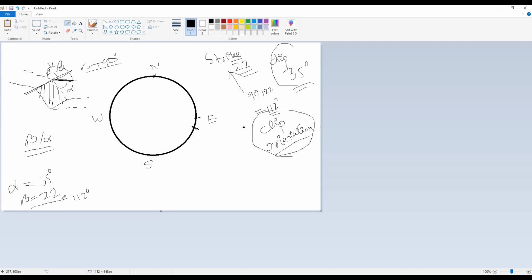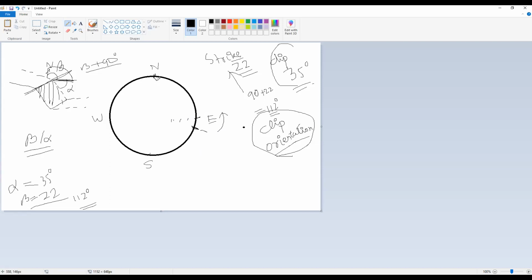Now, if this is the case, we will plot a plane in the stereonet like this. We will mark 112 on the primitive. Then we will rotate this point to the equator. After marking this point here, we will measure 10, 20, 30, 35.